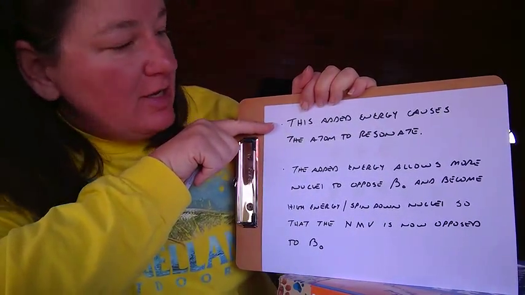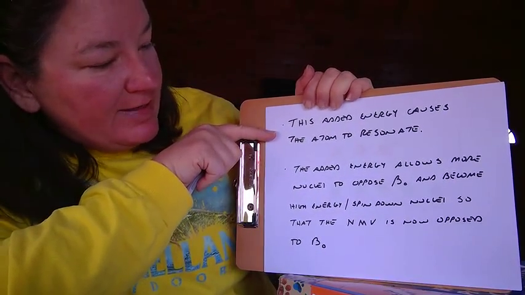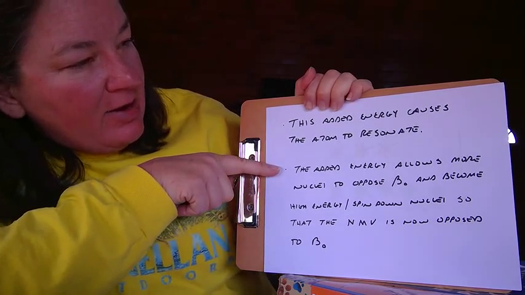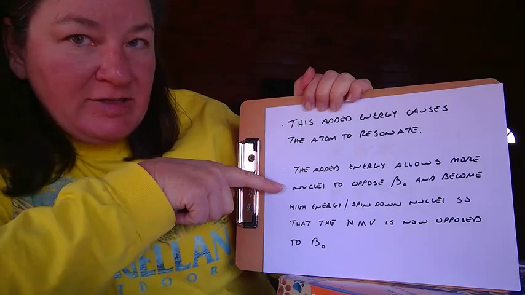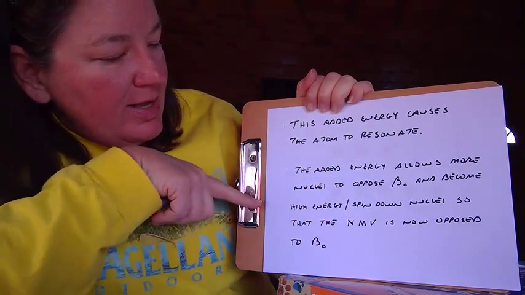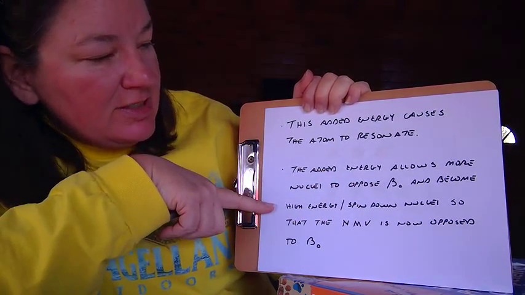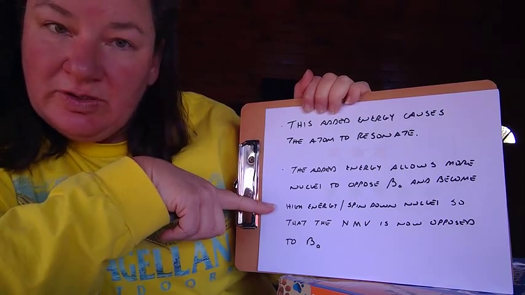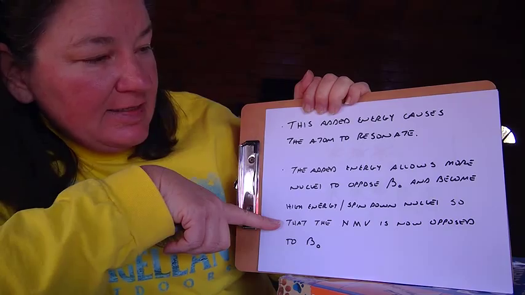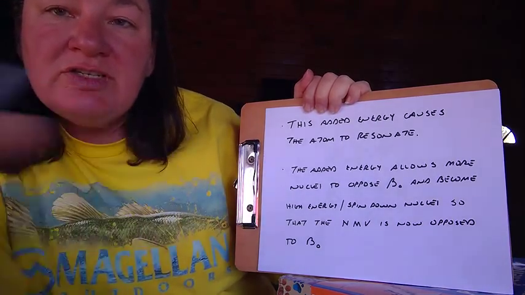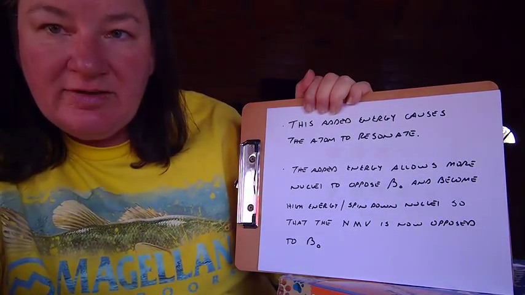The added energy causes the atom to resonate. It allows the nuclei to oppose the main strength, the B0, and become high energy spin down nuclei, so that the net magnetic vector is now opposed to the strong magnetic external strength.